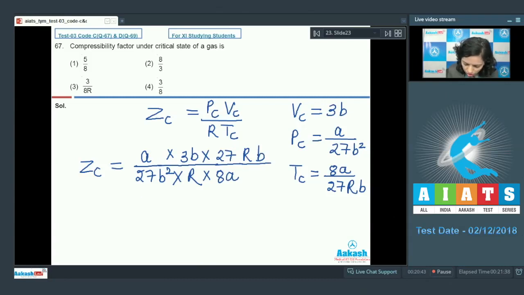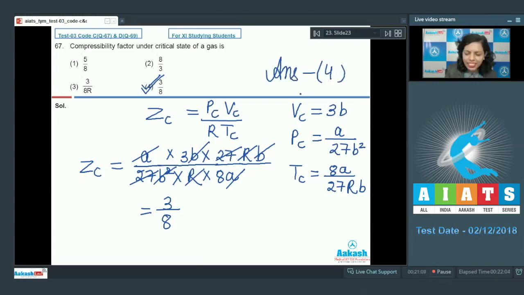Let's check. In this case, A would be cancelled from here and further B is cancelled. Then 27 is also cancelled and we are left with 3 by 8. And this 3 by 8 is the answer for this question. That's why I'm marking it as the correct answer. That's option 4.